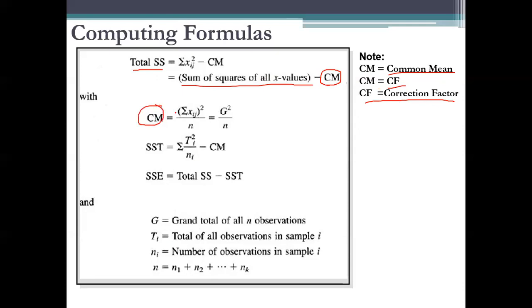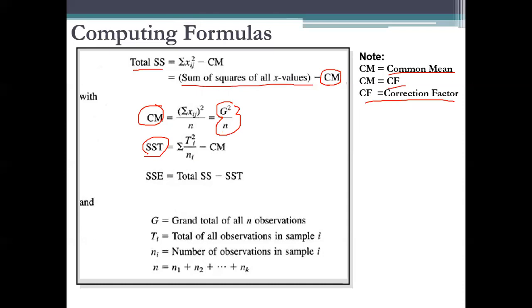So how to get CM or common mean? That is G squared divided by N. G is also known as the grand total, so the grand total of all N observations, divided by N. The second is SST. How are we going to get the SST?